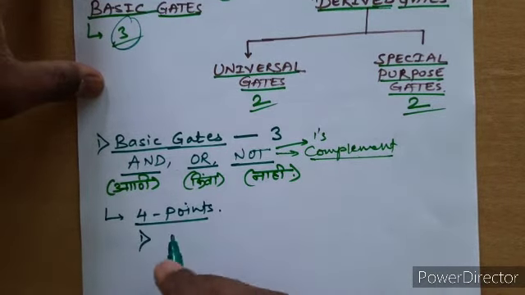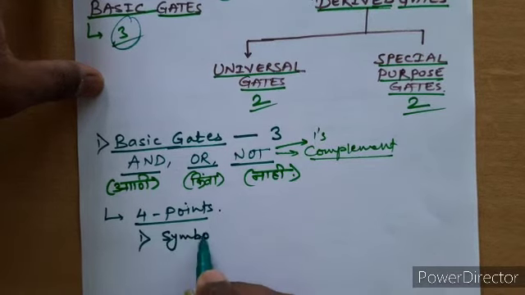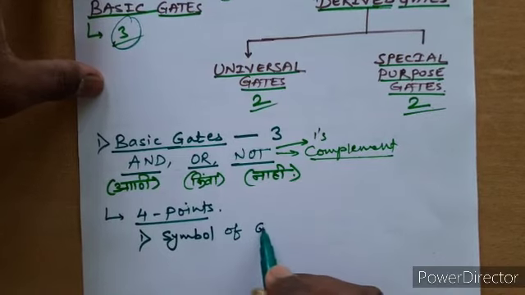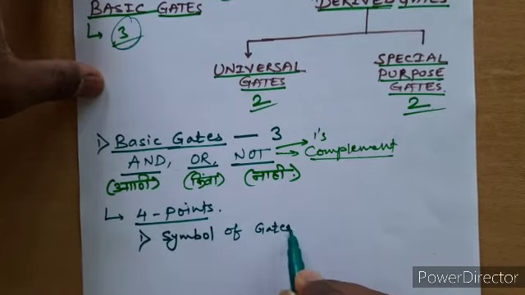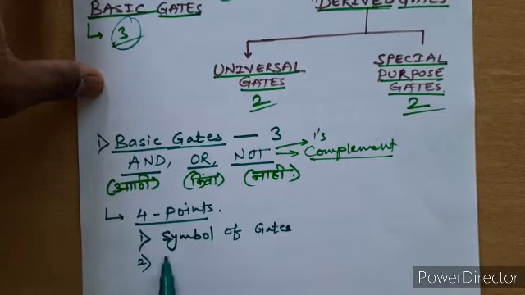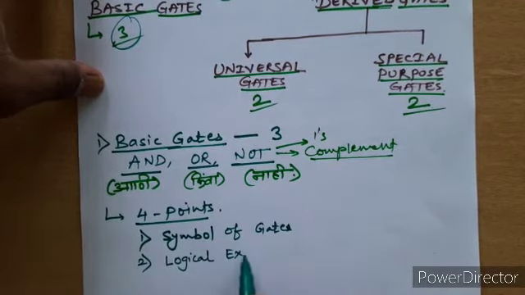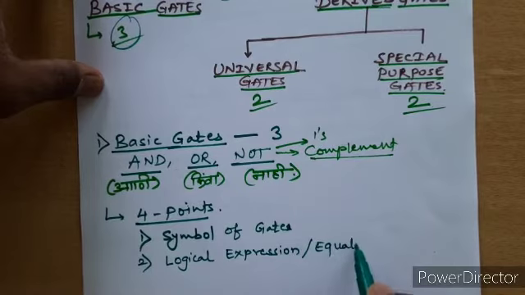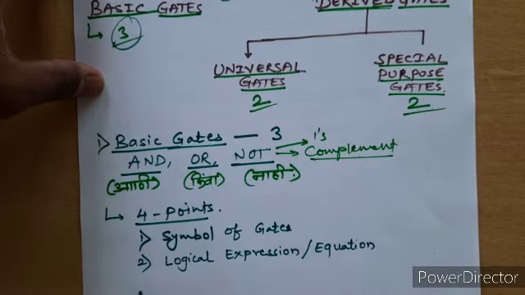First is, what is the symbol of the gate? Then what is the logical expression or logical equation? Then the third is very important.